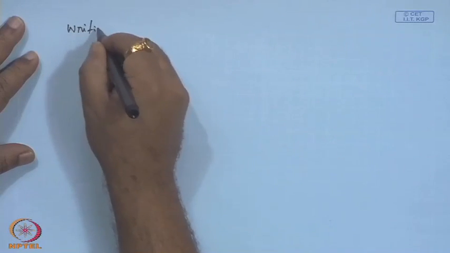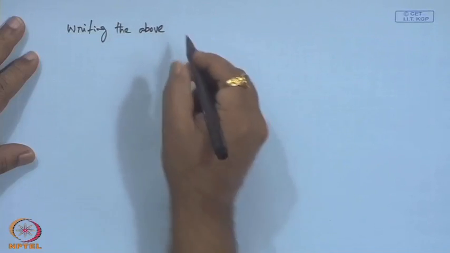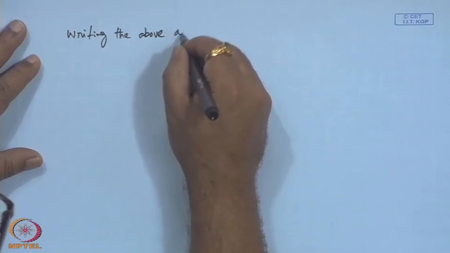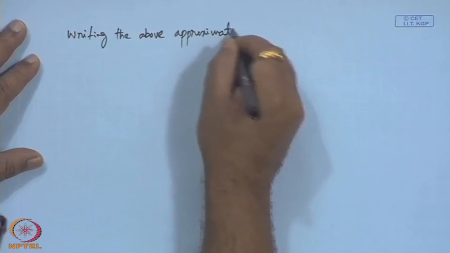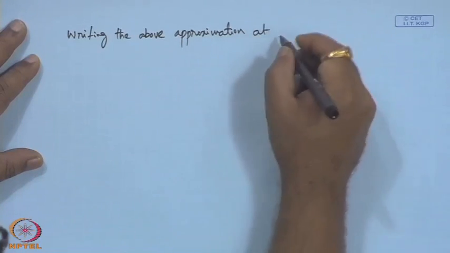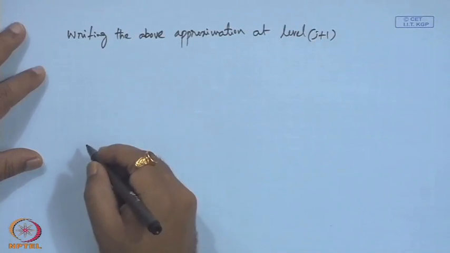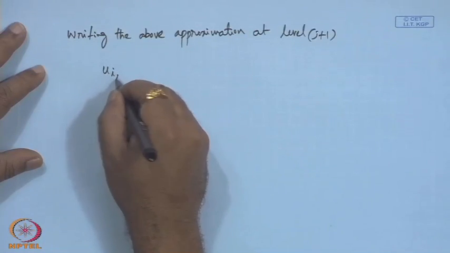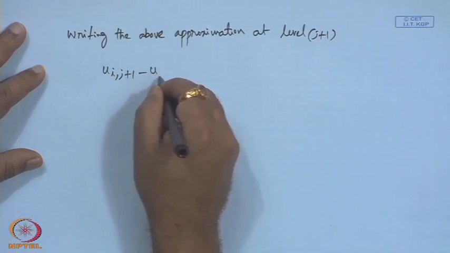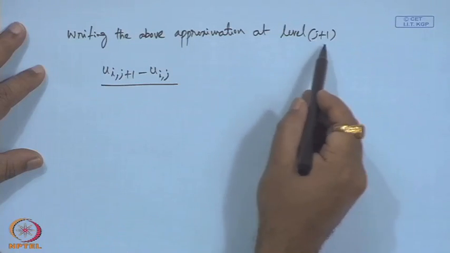So, writing the above approximation at level j plus 1, we get, so that means j minus 1 will be j.